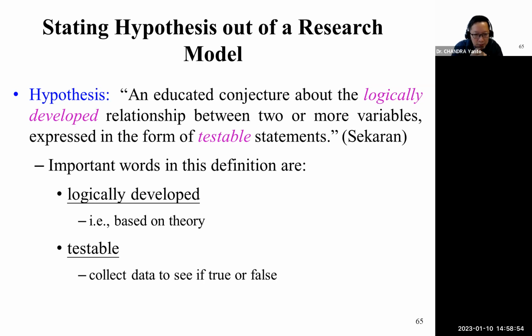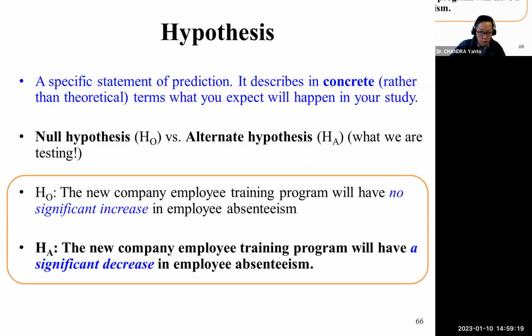Testable means that you can really collect data to confirm or verify whether your hypothesis is true or false, or supported or not supported. So you need to write it in a proper way. There are some really bad ways to write hypotheses. There are best practices, and there is a lot of guidance on this. We're going to look at these things step by step as we go forward.